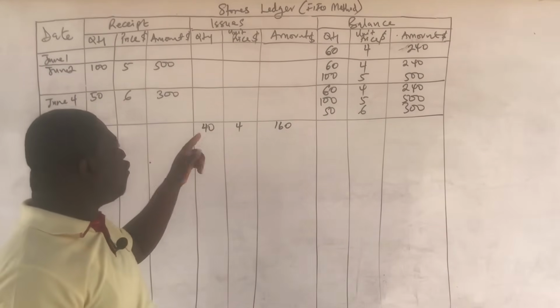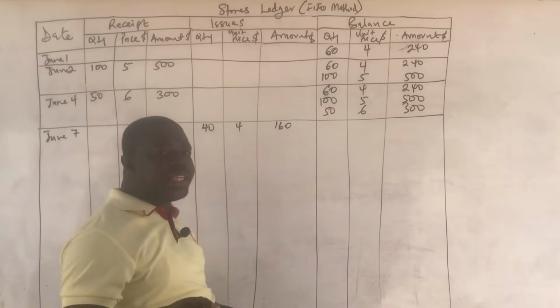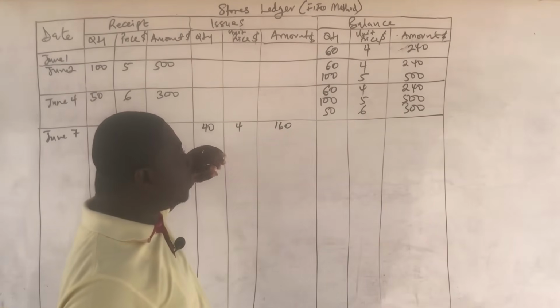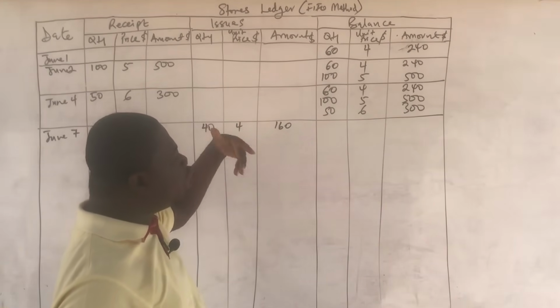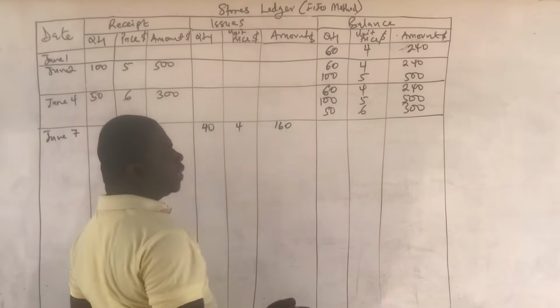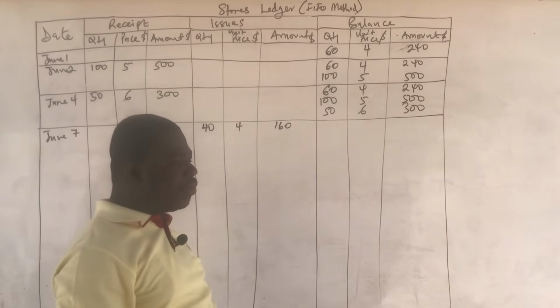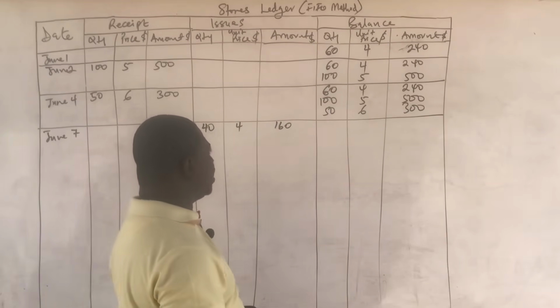This is because 40 can be issued out of 60 and there will still be a remainder. There are cases where the total number of inventories to issue out is more than what is there. So you issue it part by part. The first part goes out of the first one. The other part goes from the second one, which I'm going to show you in the subsequent transaction.